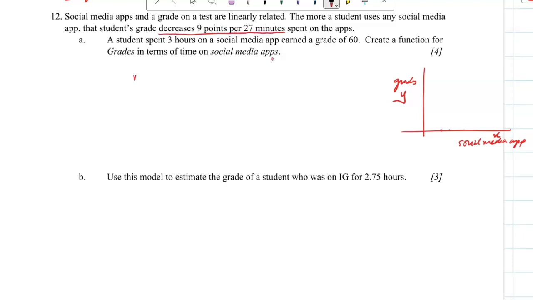So that's your slope: minus 9 over 27. It will go down by 9 points for every 27 minutes spent. But we have to write a function.